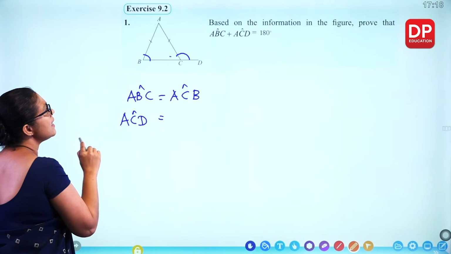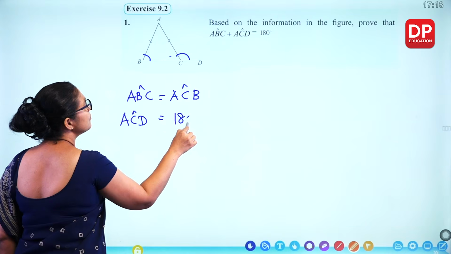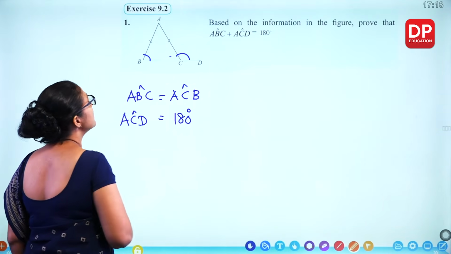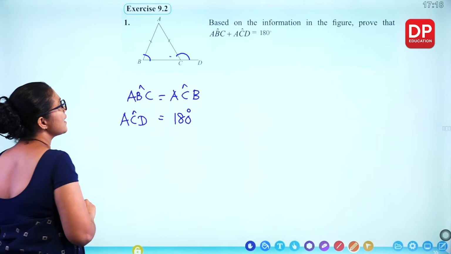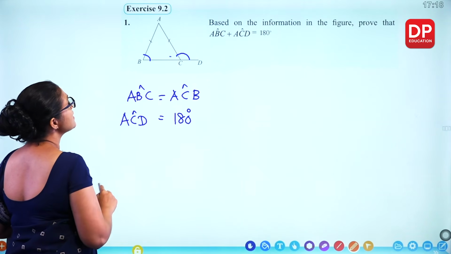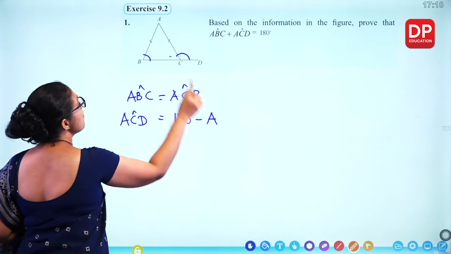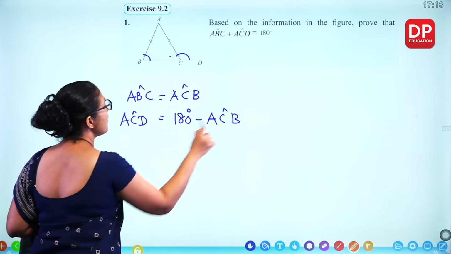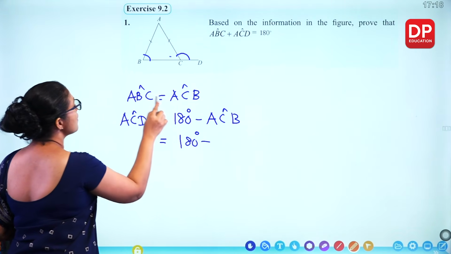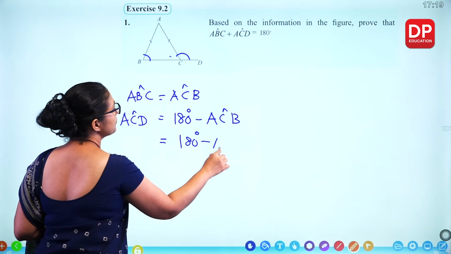Angle ACD is 180 minus what? 180 minus this angle, so angle ACB. We can write this is 180 minus ACB, or you can write the same thing as 180 minus, instead of ACB I can write ABC.